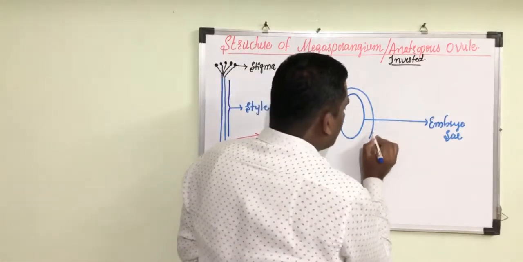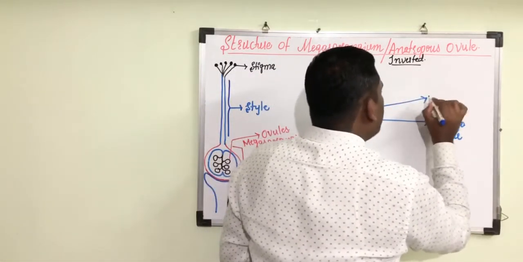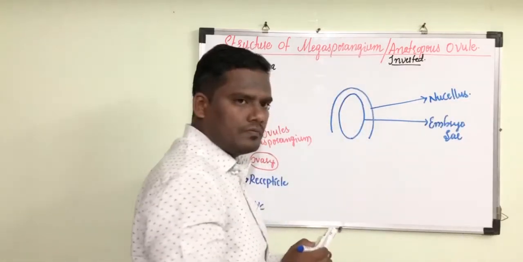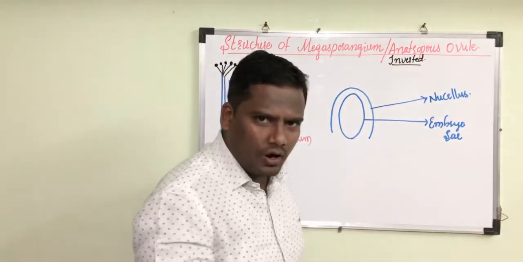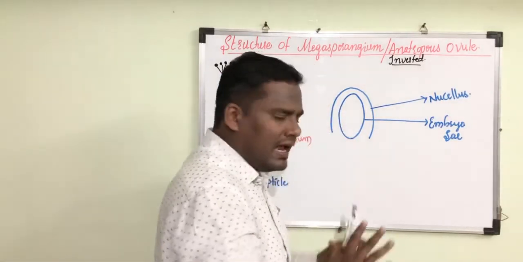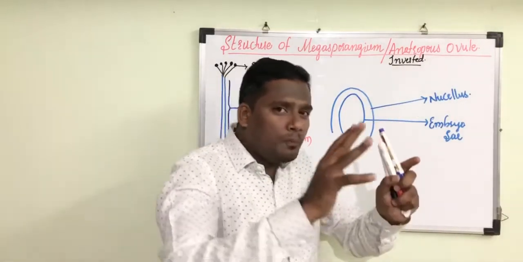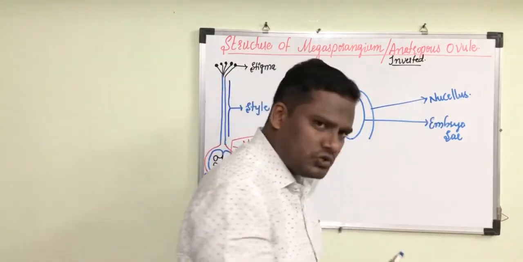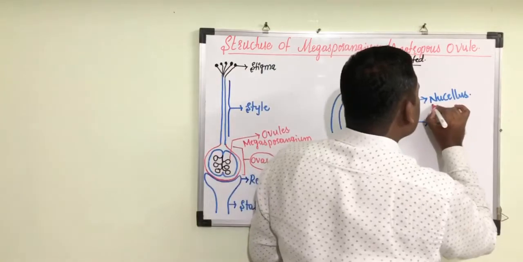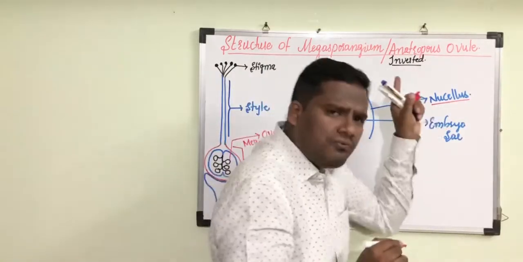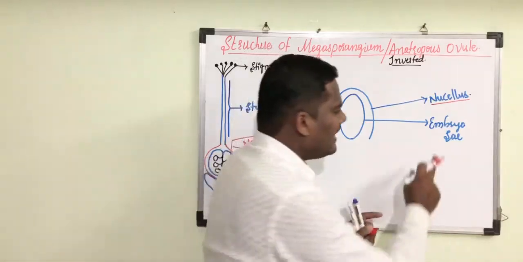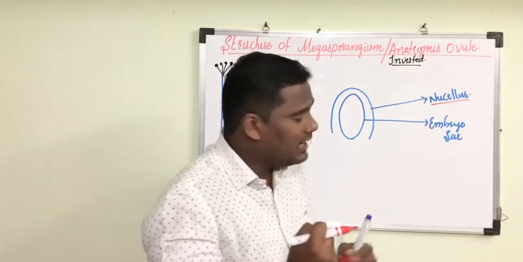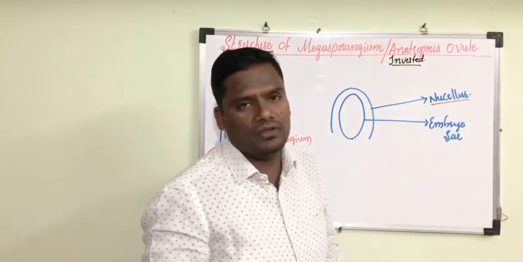This abundant nutritive tissue is called the nucellus. Its main function is to nourish the embryo sac. The nucellus consists of food, and that food is helpful for the nourishment of the embryo sac, my dear friends.